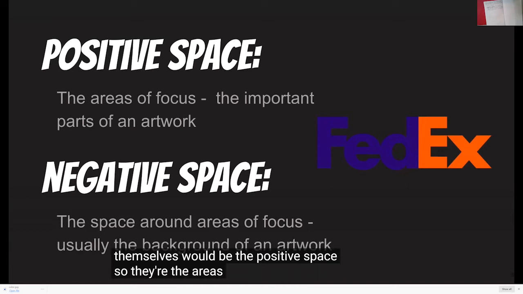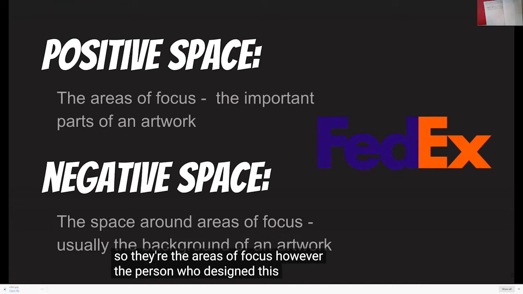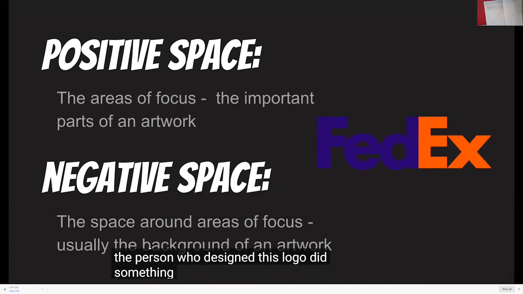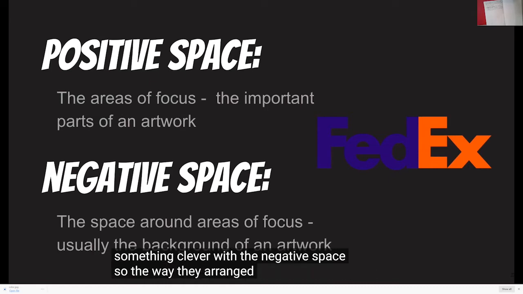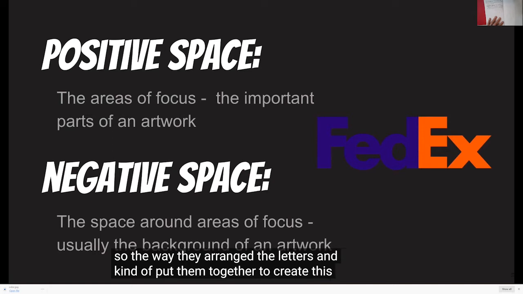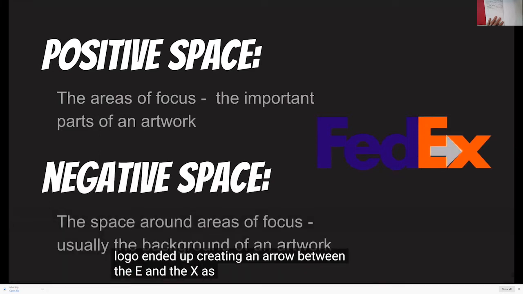So they're the areas of focus. However, the person who designed this logo did something clever with the negative space. The way they arranged the letters and put them together to create this logo ended up creating an arrow between the E and the X, as you can see right there.